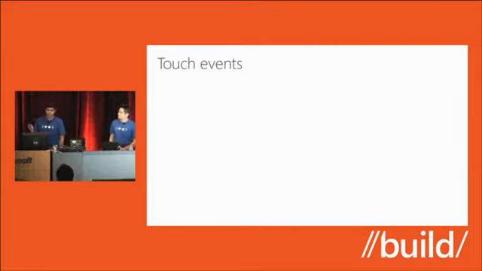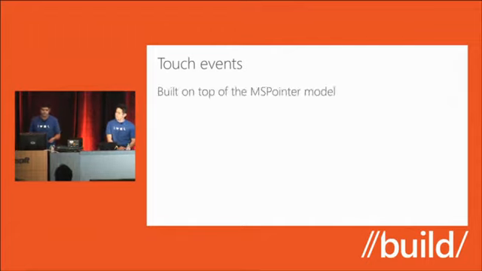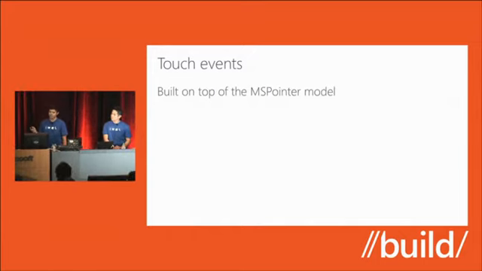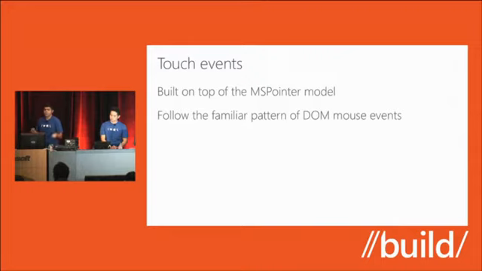The first thing that we support is touch events. And touch events is a way for JavaScript to tell the browser that it wants to capture all touch input and then do something with it. It's built on top of the MS Pointer model. That's the same model that Windows 8 uses. So we share the same code across our platforms. It follows familiar DOM patterns for mouse events.